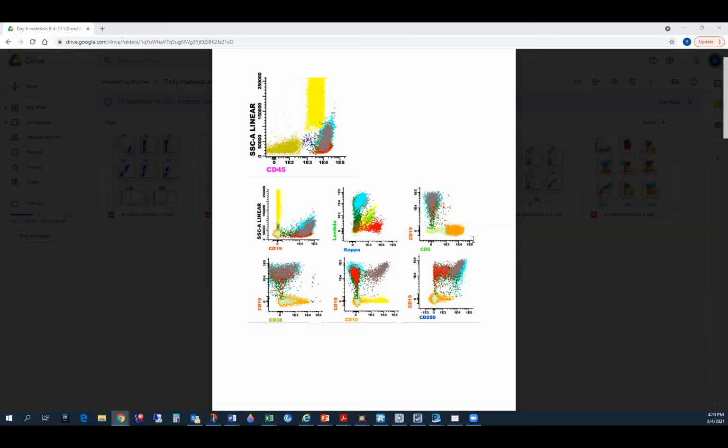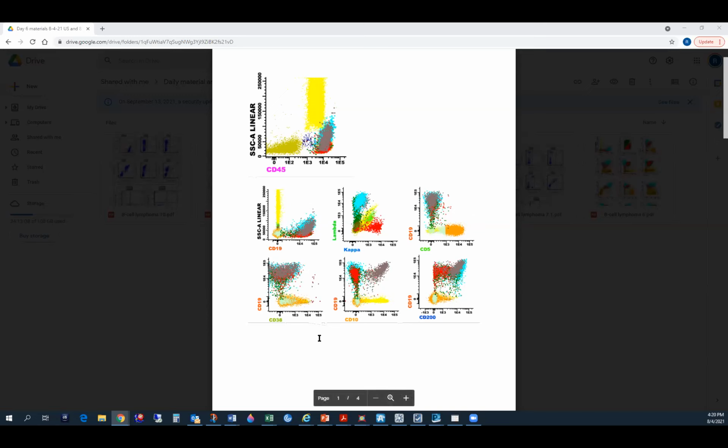And then we can see the gray, blue are my B cells. Coming to CD38 versus 19 plot, I'm seeing that my T cells are 38 positive. I'm assuming these are T cells.